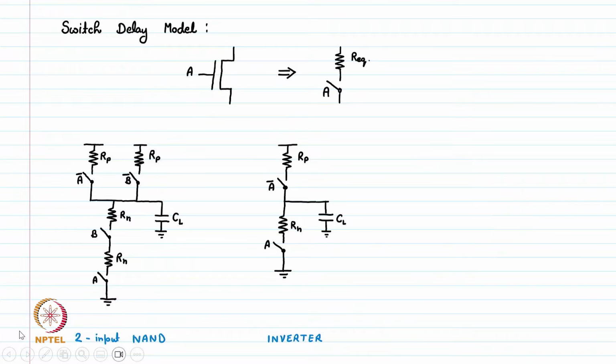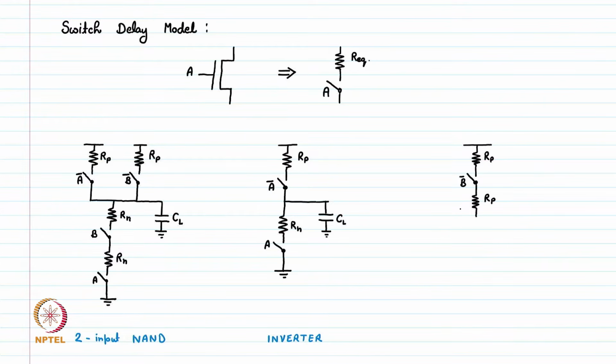Let's see one more gate, which is also a very common gate, the NOR gate. So, a two input NOR gate. In a two input NOR gate, we have two PMOSes in series on top as a pull-up network. So we have the first PMOS, control signal let's say B bar, and the other PMOS in series.